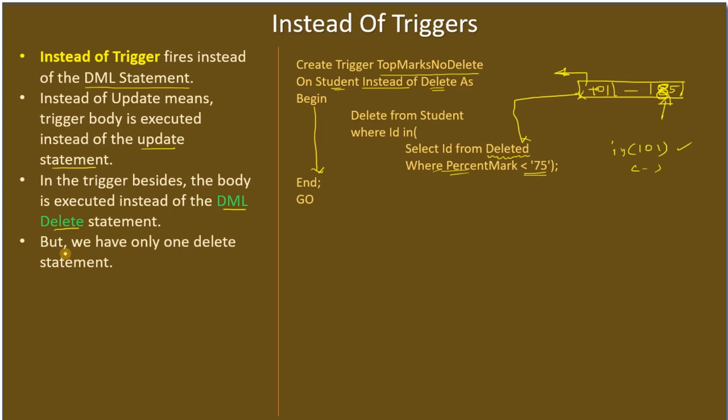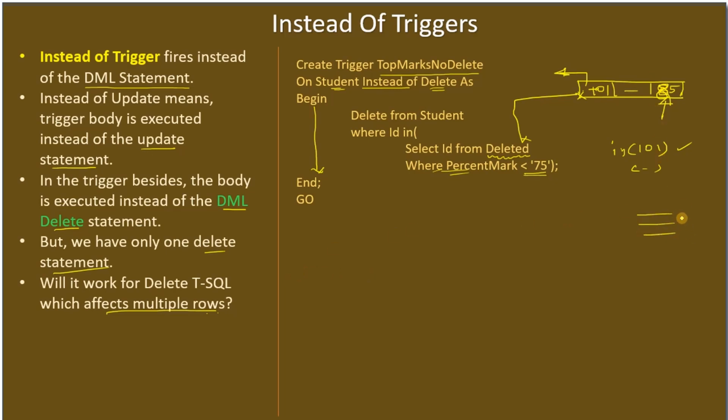So here we are just talking about one delete statement. Will it work for a delete T-SQL which affects multiple rows? That we can check in the demo. That means we can run the batch, and from deleted, here we are talking about a single delete, right? There will be a deleted virtual table.